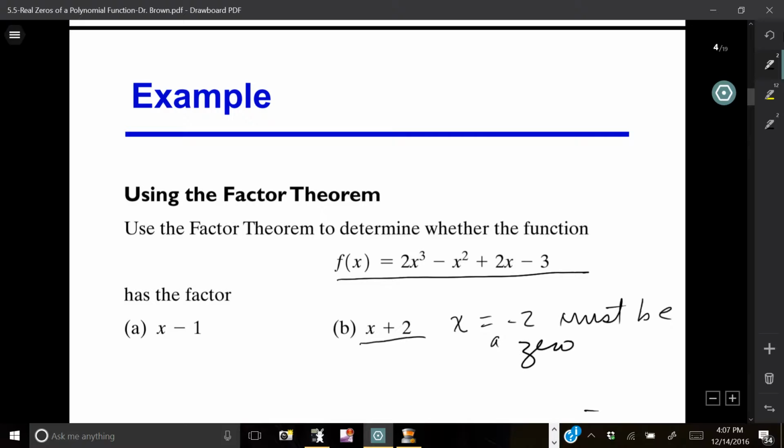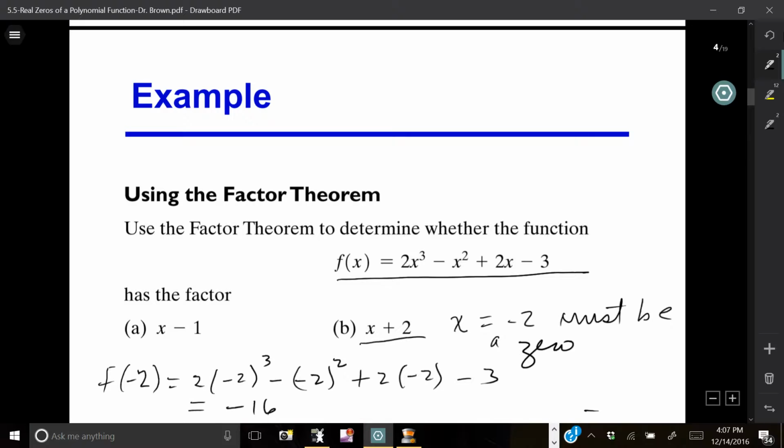So we will plug in f of minus 2 equals 2 times minus 2 cubed minus minus 2 squared plus 2 times minus 2 minus 3 equals minus 16 minus 4 minus 4 minus 3 equals minus 27, which obviously is not equal to 0. So x plus 2 is not a factor.